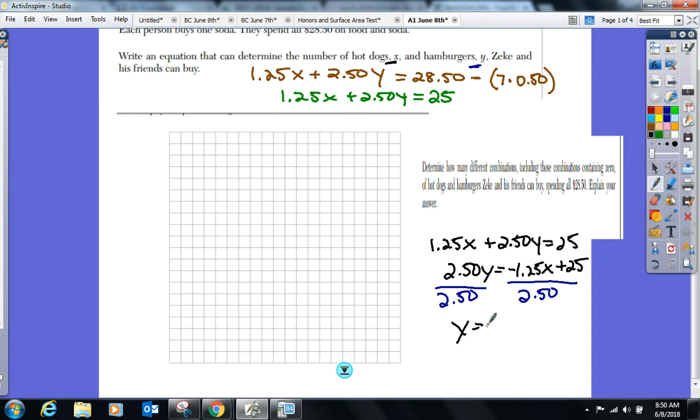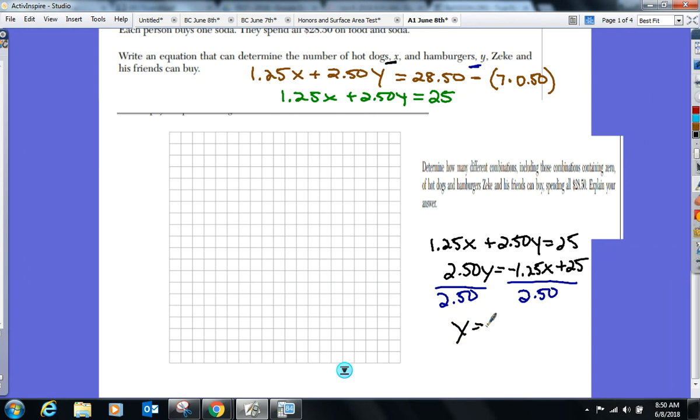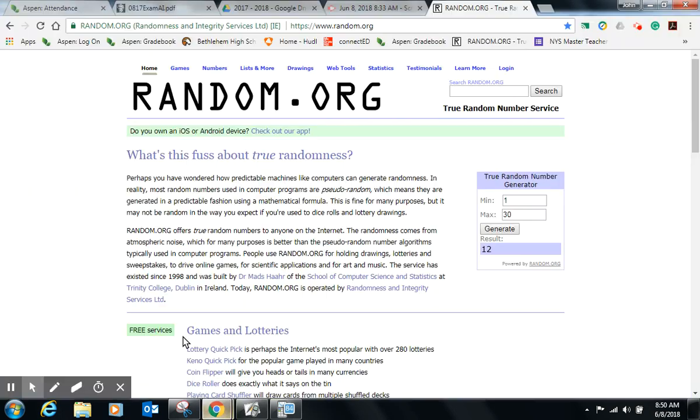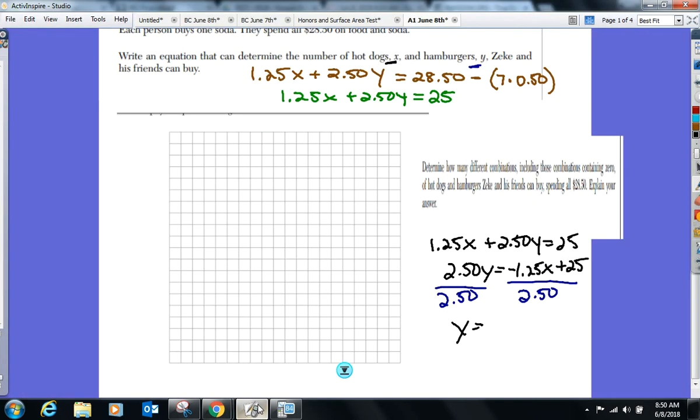What does negative 1.25 divided by 2.50 reduce down to? Figure it out on your calculator here. What's it reduced down to? And I'm going to change that to negative 1/2 because if I'm going to have to graph, I'm going to have to do rise over run. Okay, so can you keep negative 0.5?